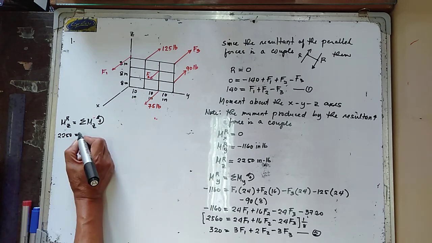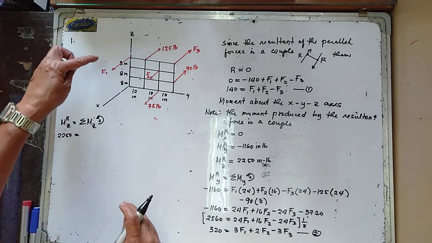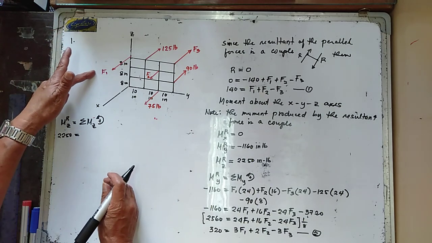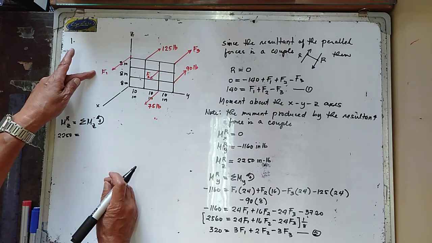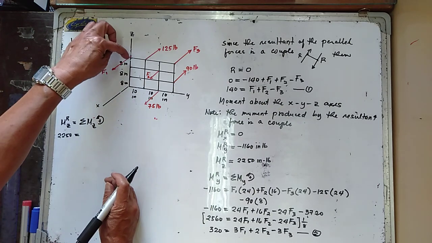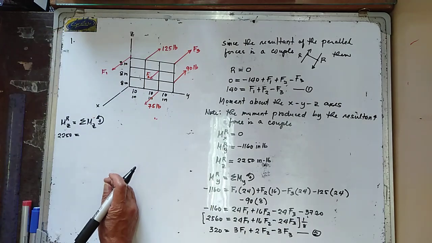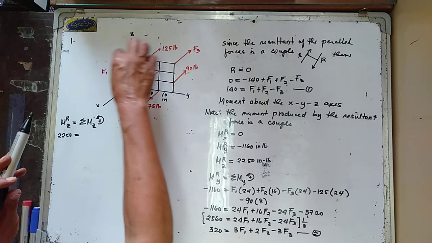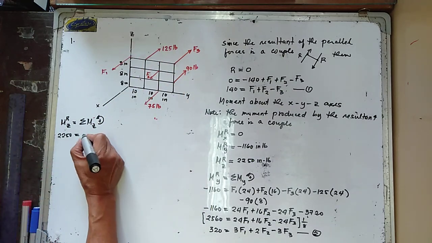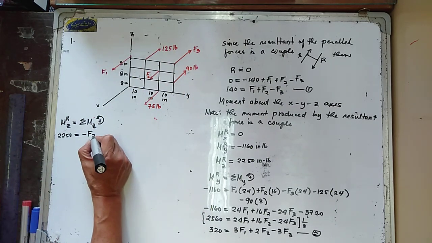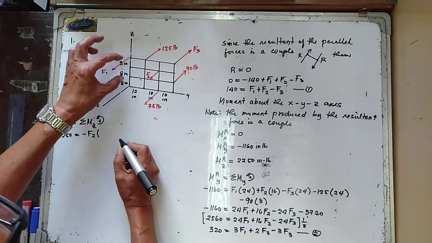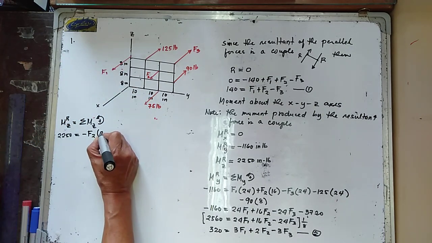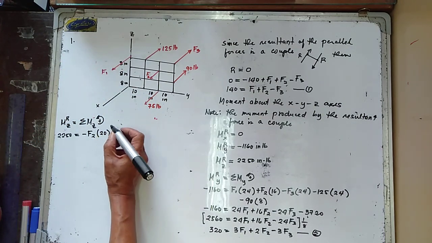And that is equal to, your F1 in here has no moment about the z-axis because it intersects the z-axis. So your F2, this is going clockwise. So we have negative F2, and the moment arm in here is equal to 20. That is 10 and 10.